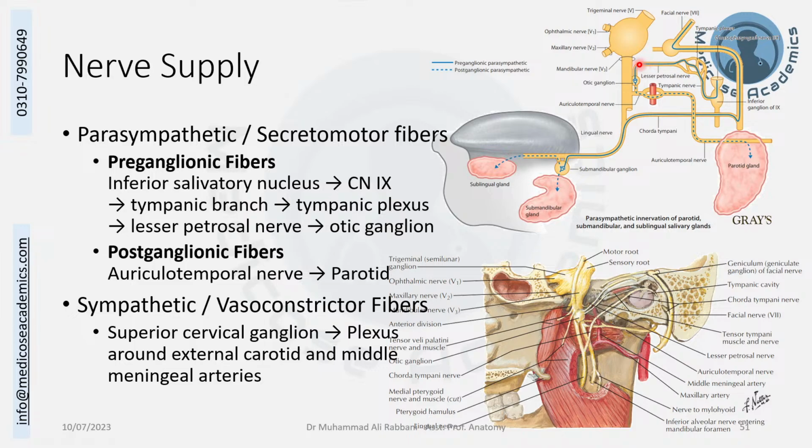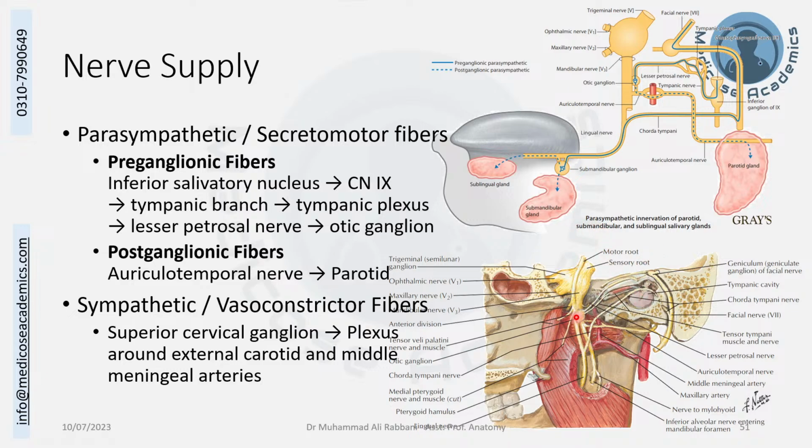There, it goes over the upper surface of the petrosal bone and comes down through the foramen ovale along with the mandibular division of the trigeminal nerve, and relays in the otic ganglion. The otic ganglion is present just near the mandibular division of the trigeminal nerve. This is where the second order, postsynaptic, postganglionic neurons are present. It synapses with them, and the postsynaptic fibers then move along the auriculotemporal nerve to the parotid gland.